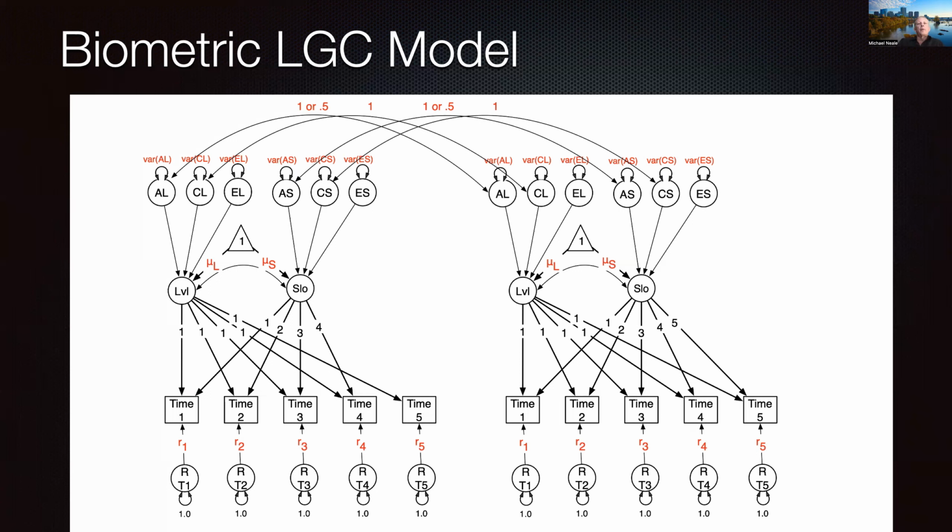Finally, one more thing to note about this path diagram is that at the bottom, there is residual variance specific to each time point. And quite often that residual variance specific to each time point can be constrained to be equal across time points.